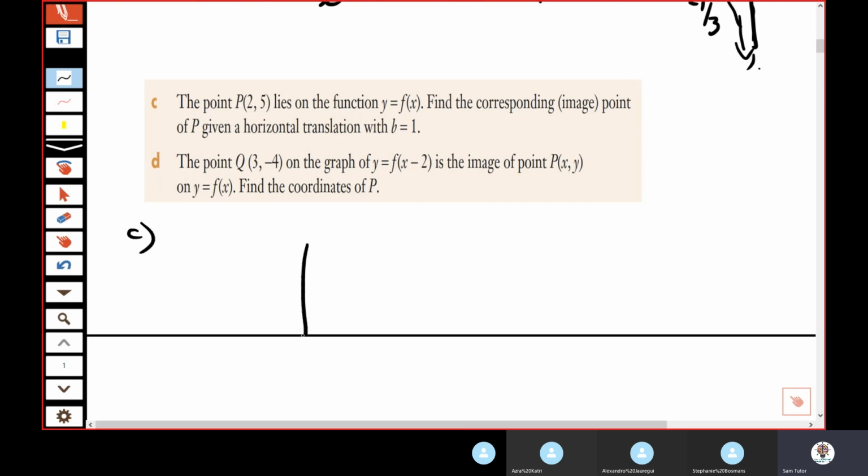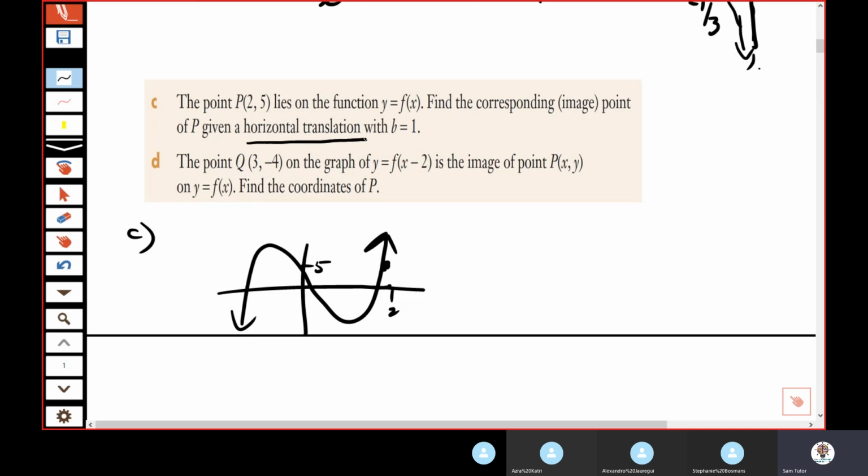So for C, think of it like this. Just pick any function, 2 and 5. So let's just say x is 2, y is 5, somewhere there. It doesn't really matter. Find the corresponding point of P given a horizontal translation with b equals 1.